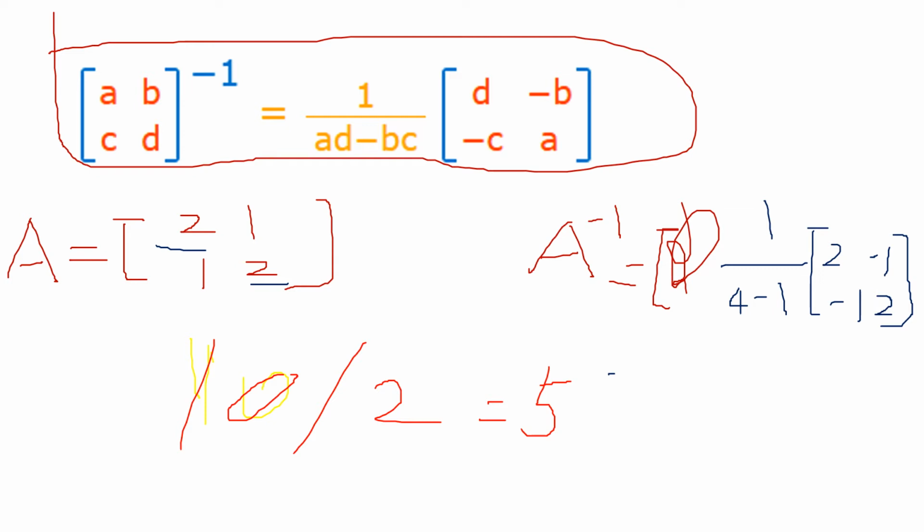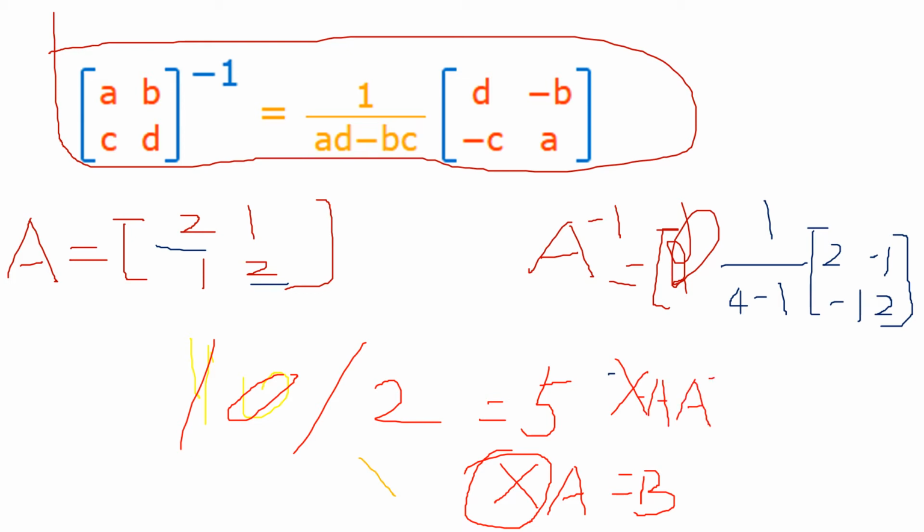However, in matrices you cannot do division, but you can use multiplication. For example, if x is the unknown, and we multiply x by A, and we know it's equal to B, how can we calculate x? You cannot use division, but you can multiply by the inverse of A on each side.